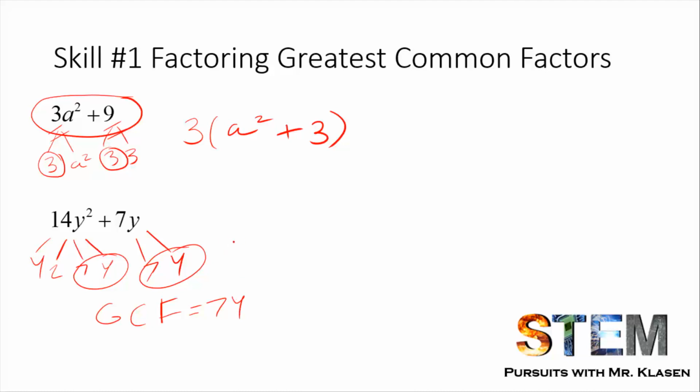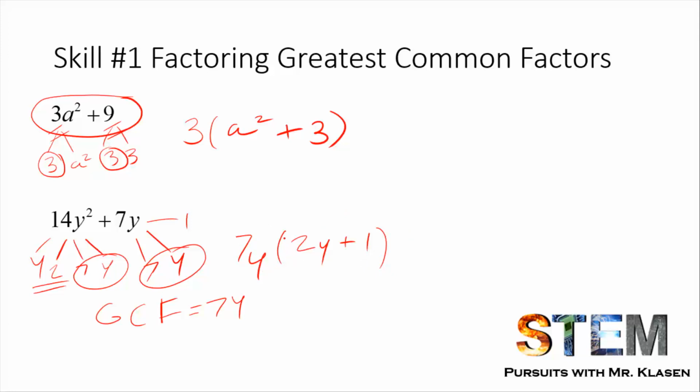We can pull that 7y out of both terms, and in parentheses we put what's left. There will be a 2y here, and then we pulled everything out for the 7y, but because we still need to acknowledge that it was in existence, technically there would still be a 1 there. You multiply anything by 1, you get itself. So we go 2y plus 1, and then this expression is factored.